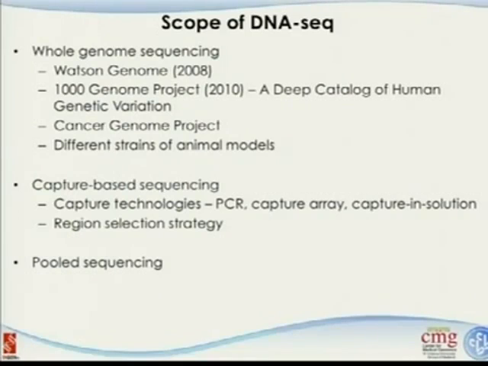So some of the concept here, I hope you can review that when you're studying this. And for example, what is the goal of the pooled sequencing, right? What's the difference between that with the exon sequencing? So some of those, I want you to understand the concept and go back to figure out.